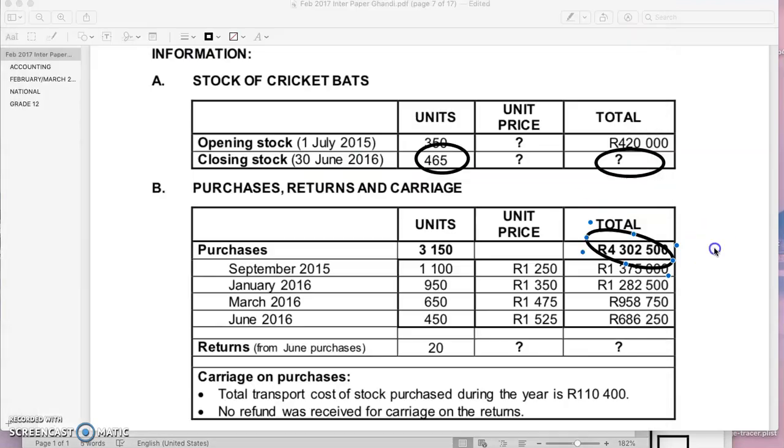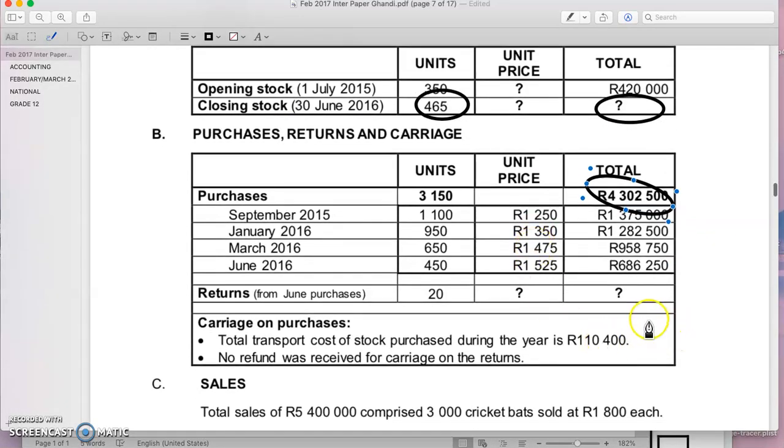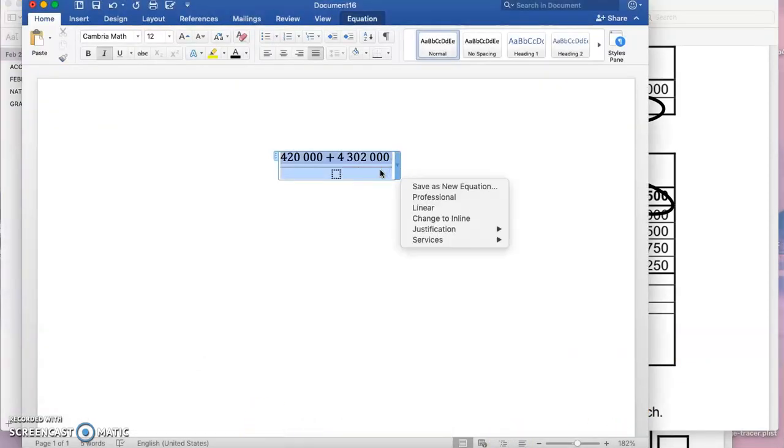Now don't forget we need to add our total transport cost, or our carriage on purchases. We need to add that to our cost because we paid for it. It increases the value of our stock, so we add that amount here.